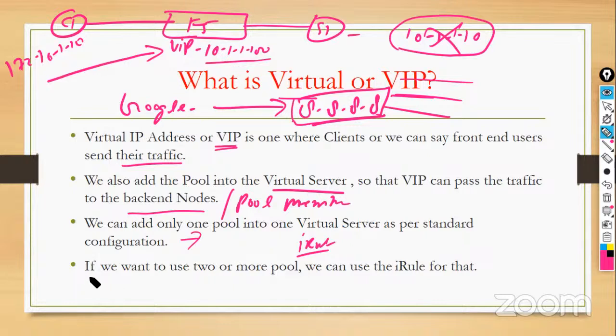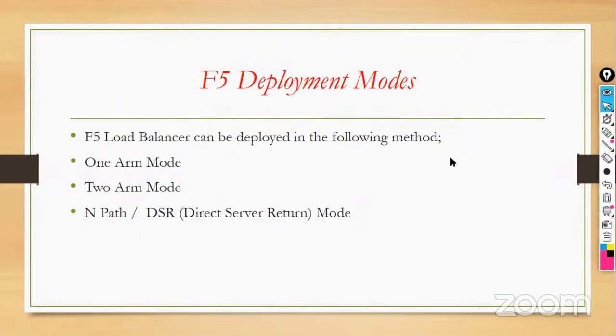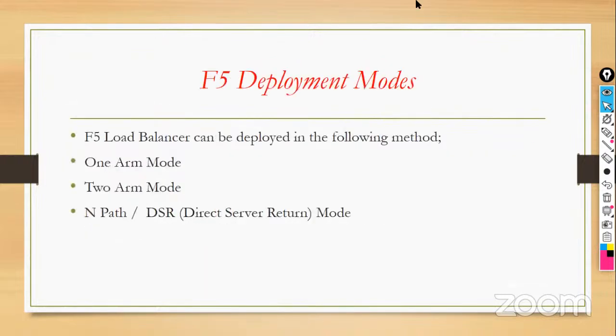If we want to use two or more pools, we can use an iRule for that. Once we do the iRule practical, we will see how we can add multiple pool members.